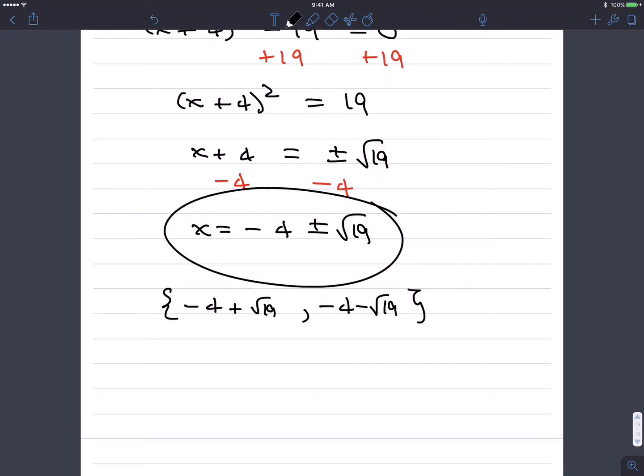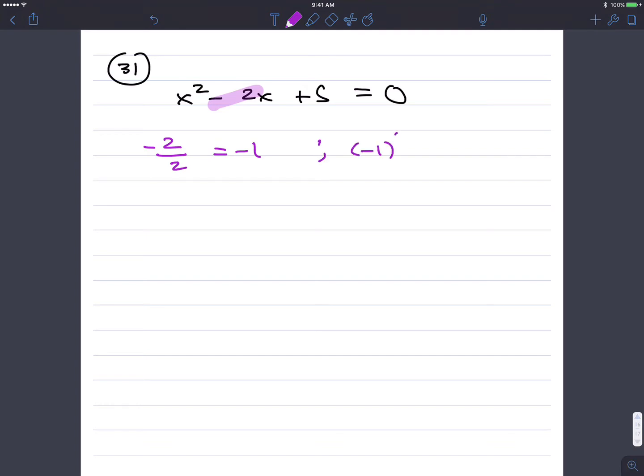And let's go down to, it looks like number 31. X squared minus 2x plus 5 is 0. My b value is negative 2. Negative 2 over 2 is negative 1, and negative 1 squared is positive 1.